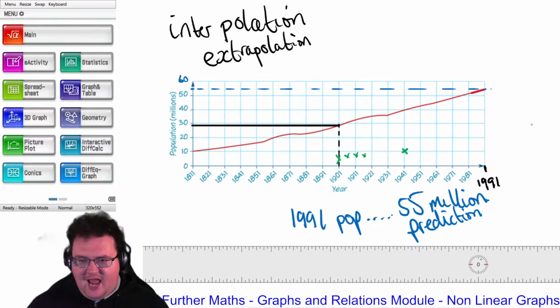Australia about now, if we were to go 1, 2, 3, Australia's population is around about 25 million there. But it's not a straight line, it changes over time.